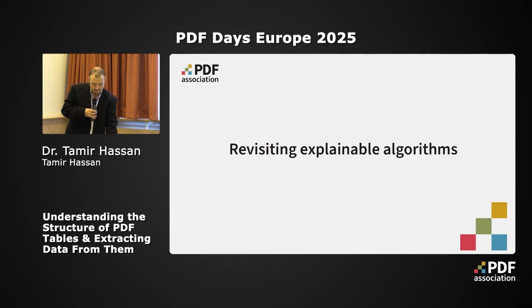So this is why, at least for me, the motivation to revisit explainable algorithms. Now, as I said, machine learning models, vision models are a lot more generic, but there are lots of hard problems, for example, natural scene detection.